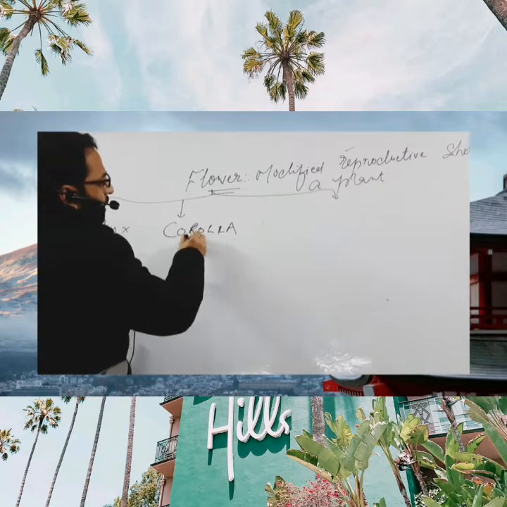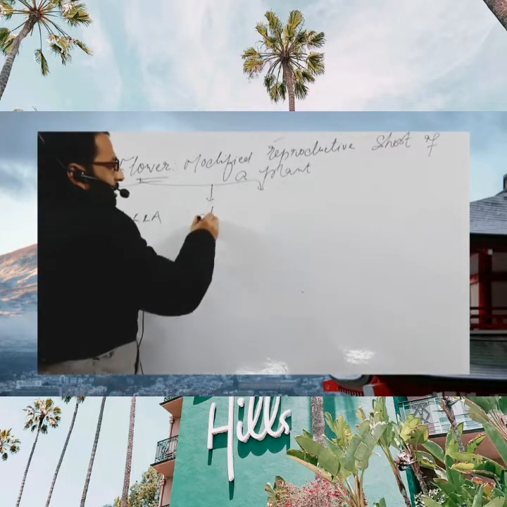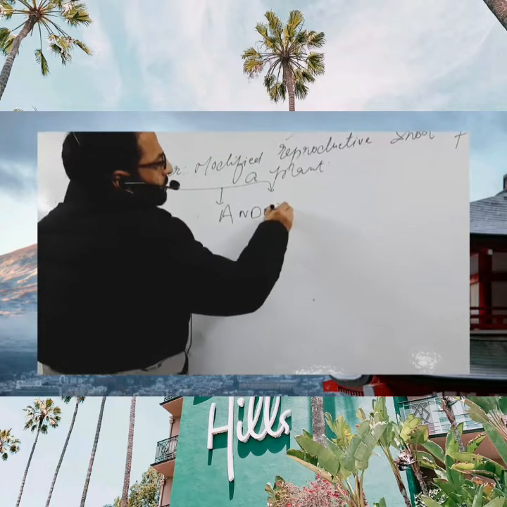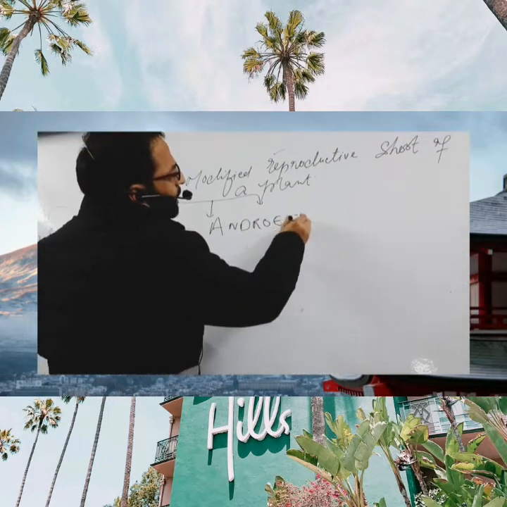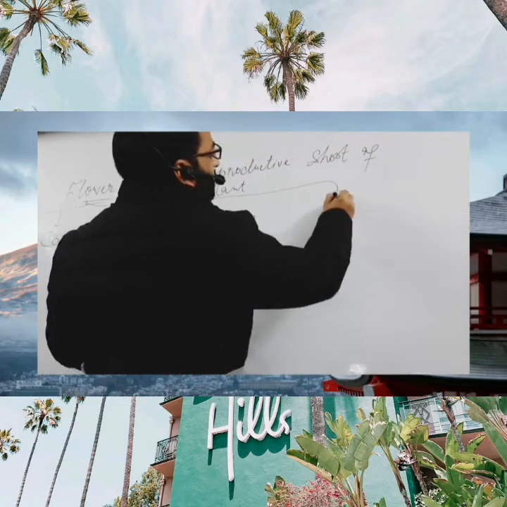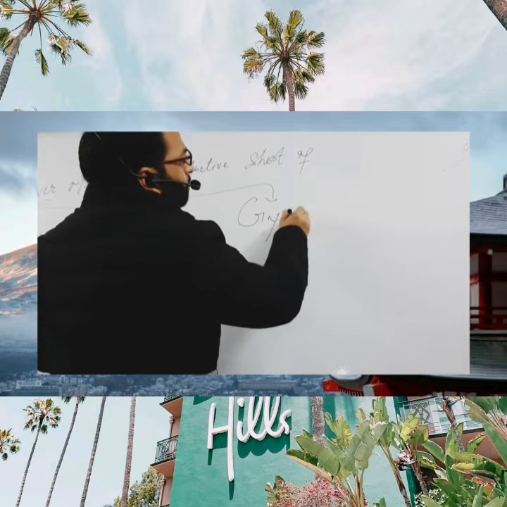The third part of the flower is known as androecium. And the fourth part of the flower is known as gynoecium. So there are four parts of the flower.